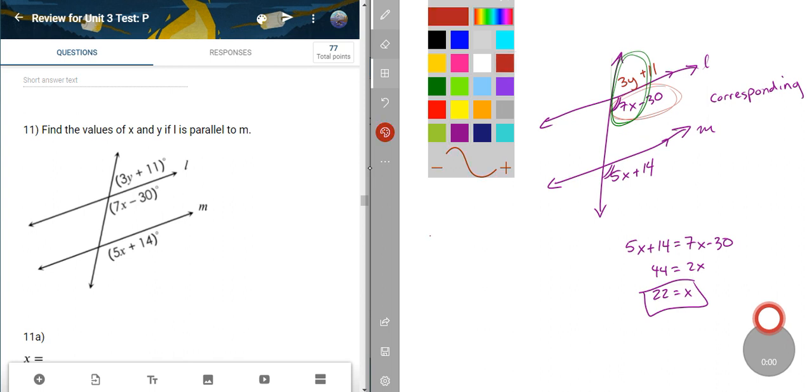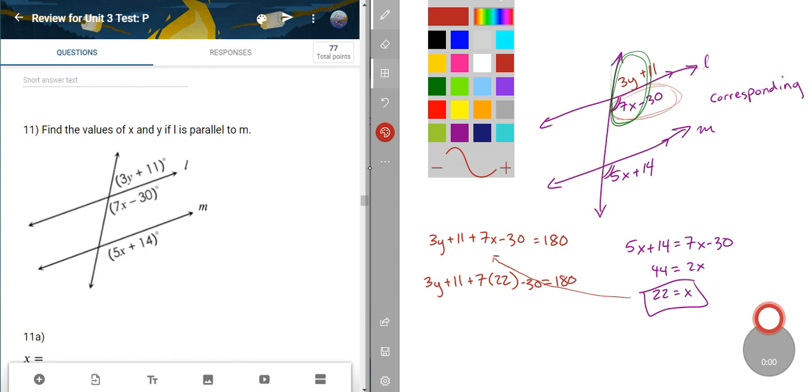Well, I guess realistically, if you wanted to, you could say that that 3y plus 11 plus the 7x minus 30 is equal to 180. But if we'd done that right away, I'm like, well, I don't know what x is. So x is 22. So we've got 3y plus 11 plus 7x, which is 22, minus 30 is equal to our 180.